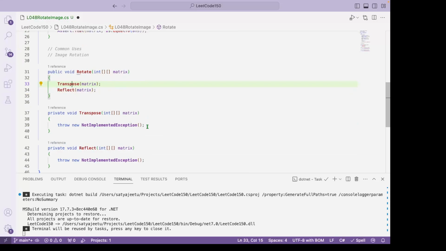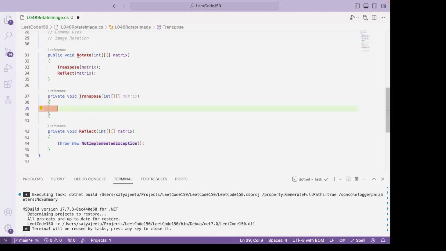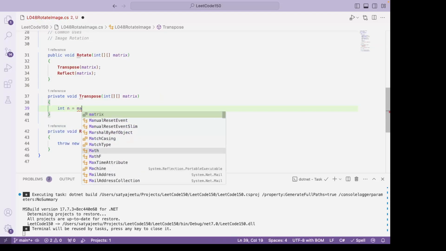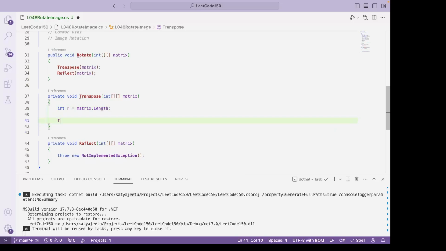Now we have a method called transpose. As you remember, transposing is reflecting the elements along the main diagonal. And we have one more method called reflect. Once you transpose, you have to reflect it. For transpose, let's assume int n is equal to matrix.length.